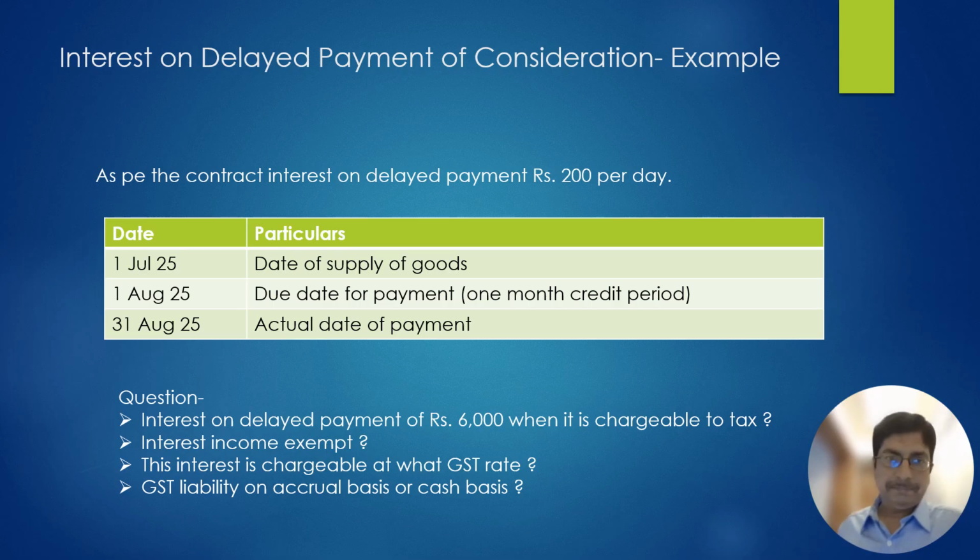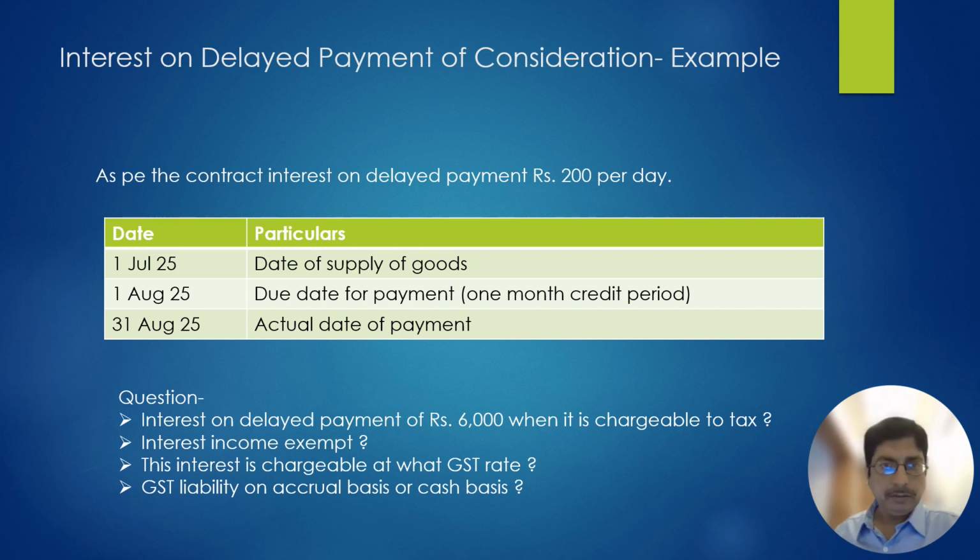Let's see one example. On 1st July, you supplied the goods. On 1st August is the due date for consideration as per contract, that the customer needs to pay within 30 days. He paid after 30 days, a delay of further 30 days. So interest is levied of rupees 6,000.